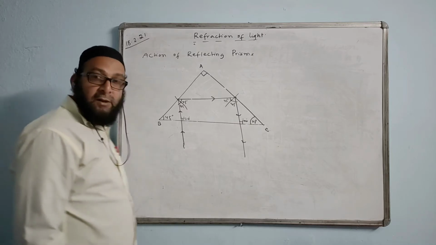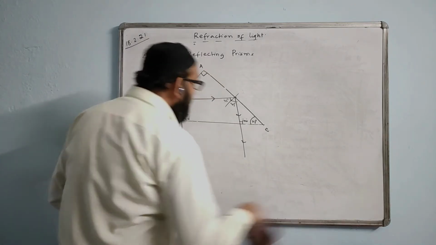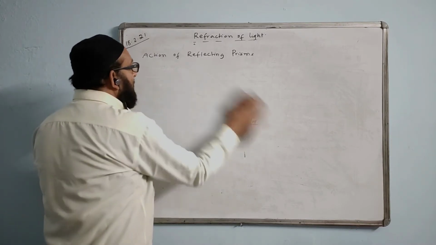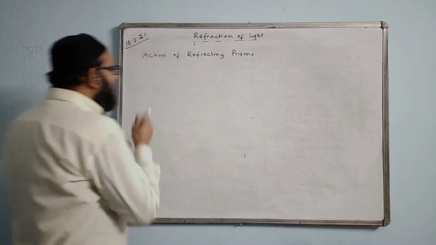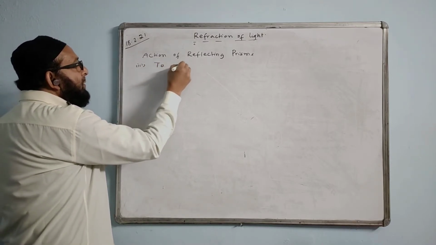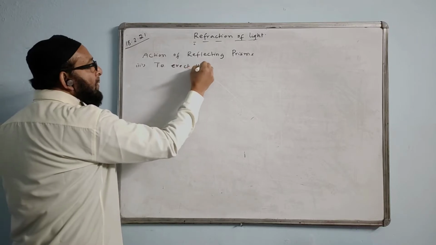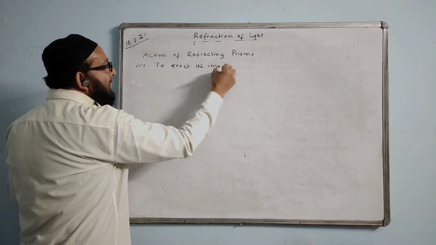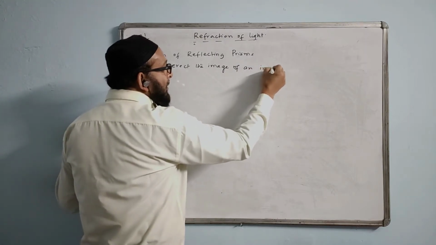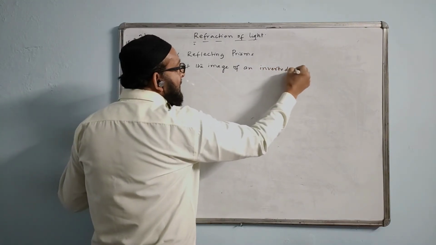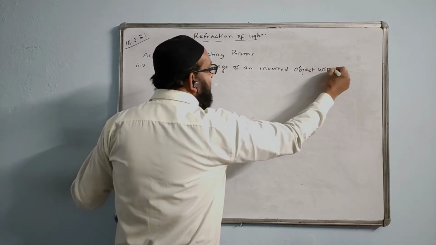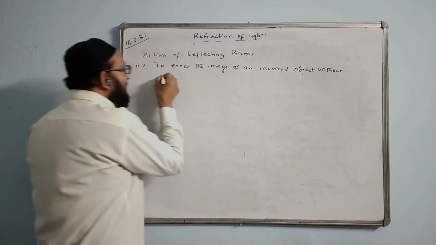Alright. Now the third one is to erect the image of an inverted object without deviation.